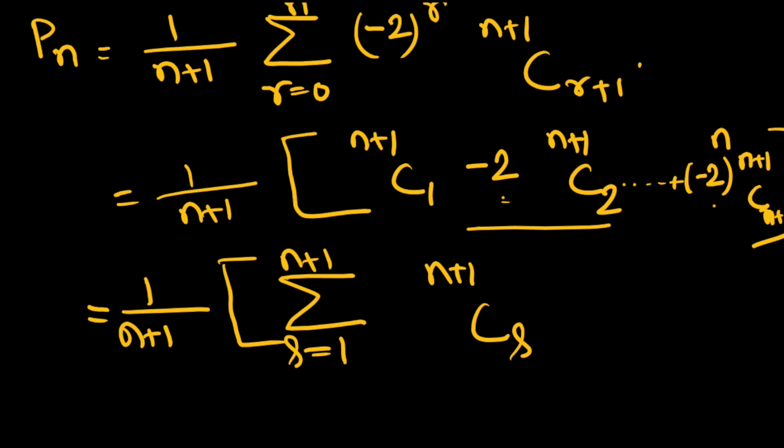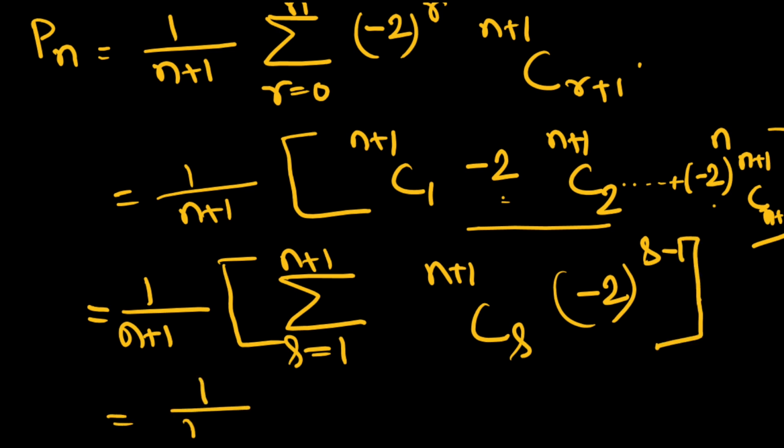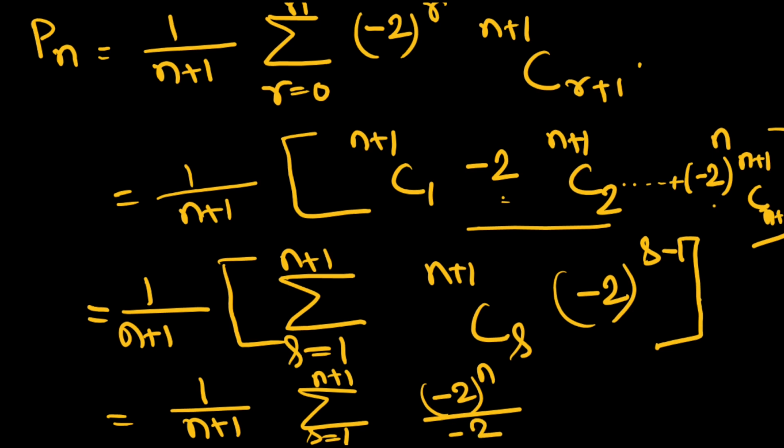So it runs from s is equal to 1 to n plus 1, and that is minus 2 to the power s minus 1. Therefore it is 1 over n plus 1 summation, s is equal to 1 to n plus 1, of minus 2 to the power s minus 1 times n plus 1 Cs.